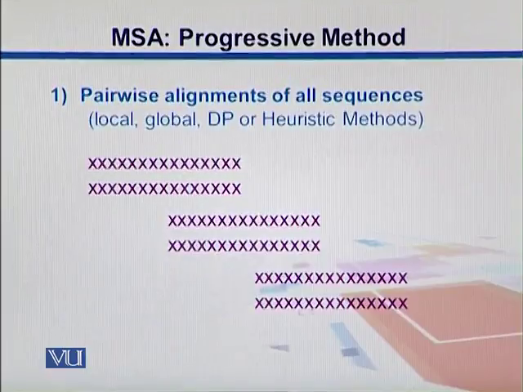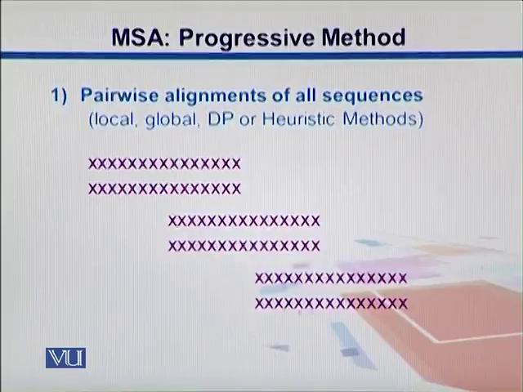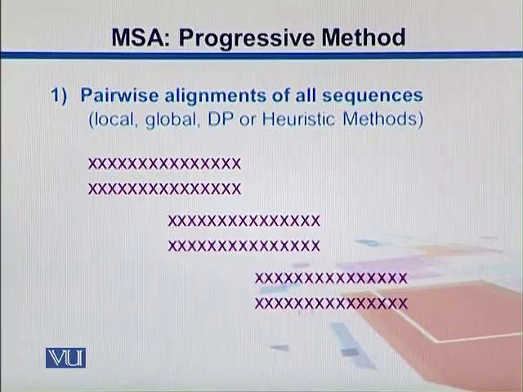So here is how it works. We have pairwise alignments of all sequences. You can do this with any method. It can be local, if you are aligning some sections or segments within your complete sequences. It can be global, where you take the whole sequences and align them with one another, depending upon your question. Are you planning to do this multiple sequence alignment locally or globally?